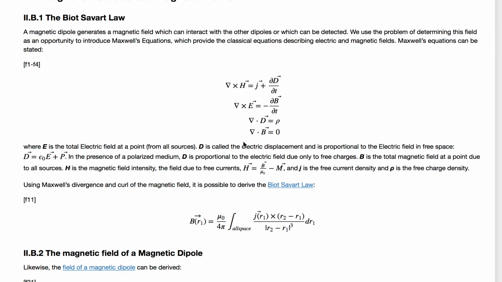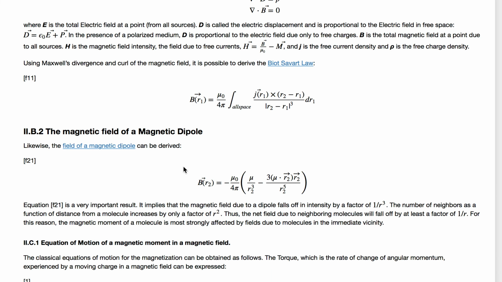But using these, for example, using the fact that the divergence of the magnetic field is 0 and the curl of the magnetic intensity, which is related to the magnetic field, is equal to the current, we can use those 2 relationships and we can derive the magnetic field as a function of the current density as a function of position, and it's related by this integral through all space, and this is called the Biot-Savart law.